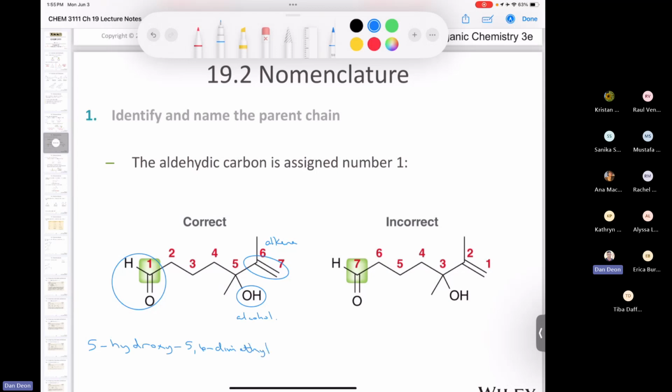Then to stick the alkene in there, you would say 6-heptenal. Okay, that's how you would name this compound. But again, I will not ask you to name a compound that complicated. Okay, the class is difficult enough. So I hear ye, okay? I will not ask you to name a compound with an alcohol, an alkene, and an aldehyde in it, okay?